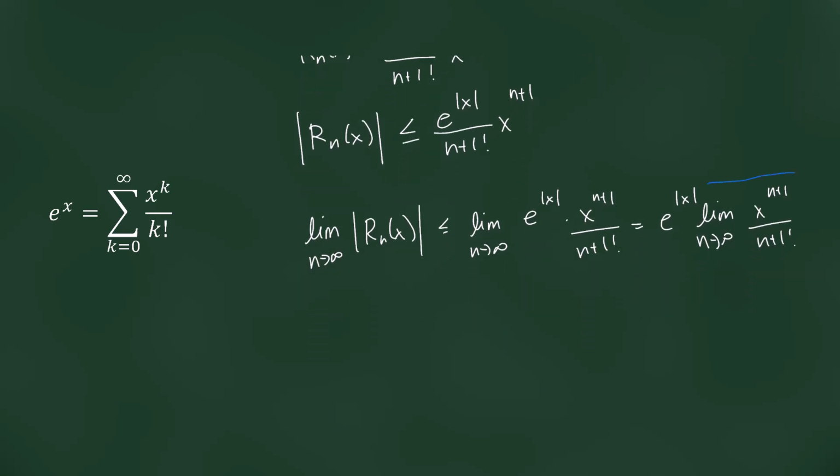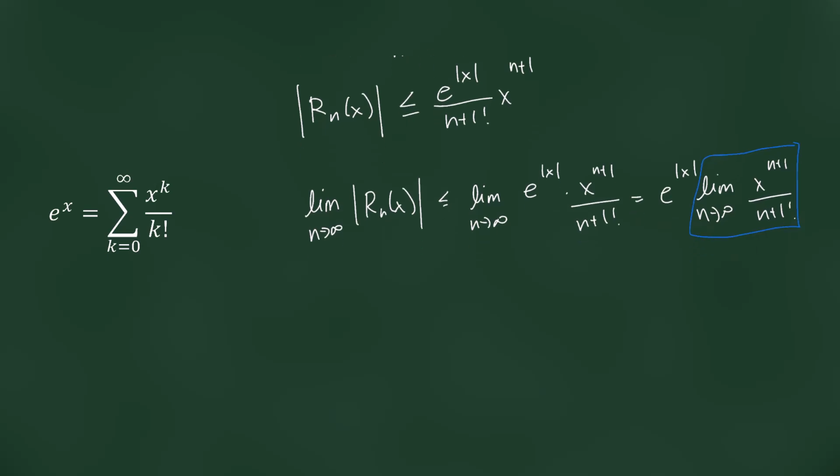This limit is something we've seen before. We know that x to the n plus 1 grows much more slowly than n plus 1 factorial, which means that this limit is equal to 0. So our entire limit is 0.